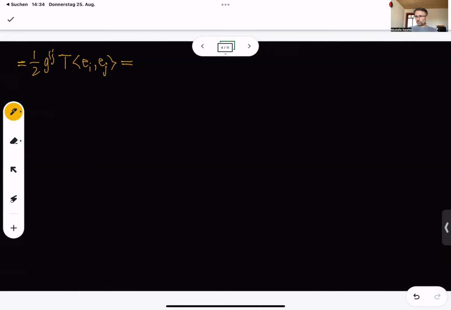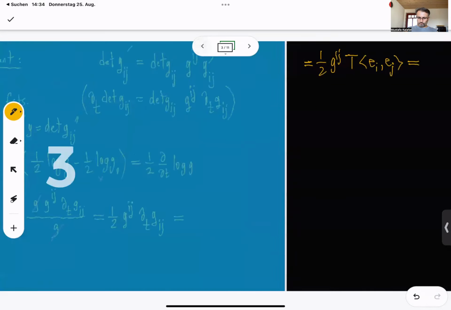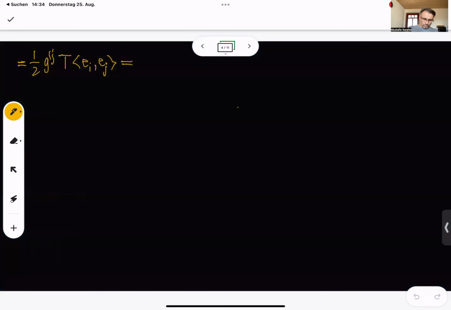If you turn back from the local expression to the global expression with this notation, you can open this up by using the Leibniz rule: 1/2 gij times nabla T ei, ej, plus ei, nabla T ej.